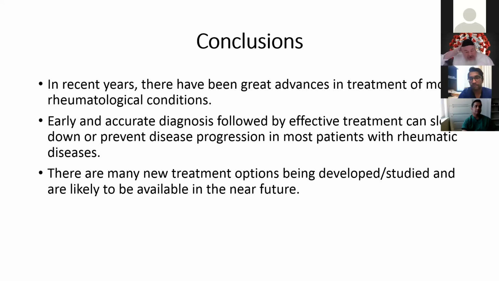There's a question in the chat I'll read. Can syncope be considered part of the neuropsychiatric picture of lupus? Sorry, let me check. So actually, no, it is not listed as a part of the psychiatric picture of lupus. Syncope is a very non-specific symptom. It could be mostly cardiovascular or other causes, but patients should really have an appropriate workup.